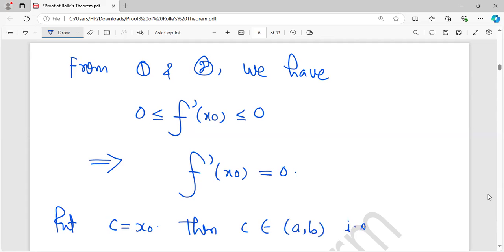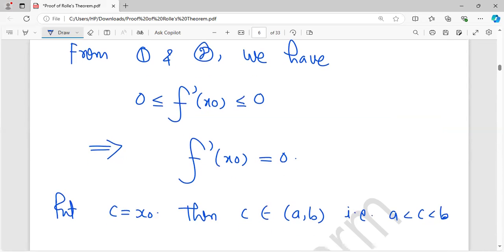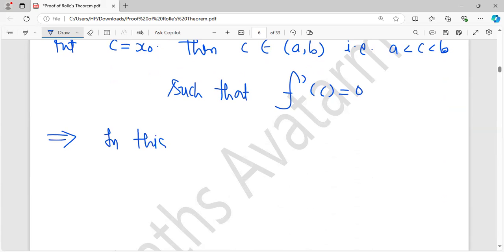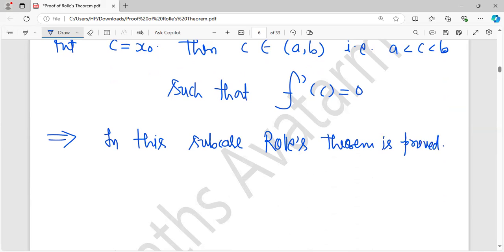This means c lies between a and b such that the derivative vanishes, that is f dash of c is equal to 0. So this implies in this subcase Rolle's theorem is true. Okay. Now take the second subcase. Subcase second.